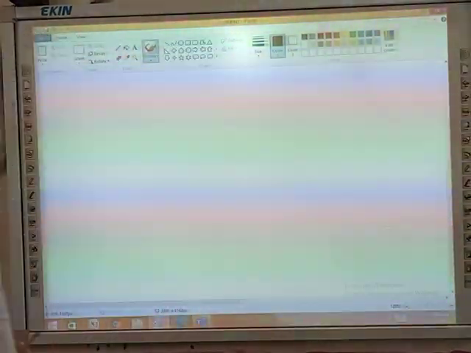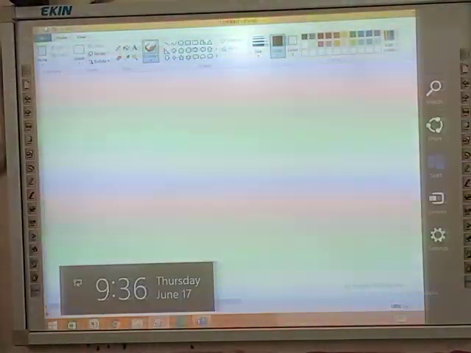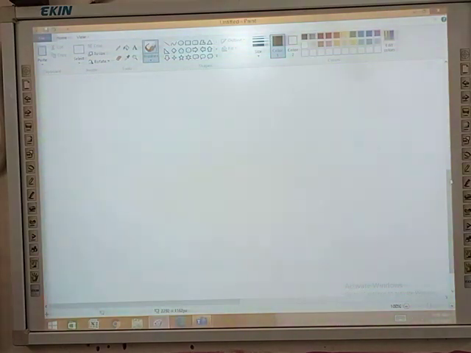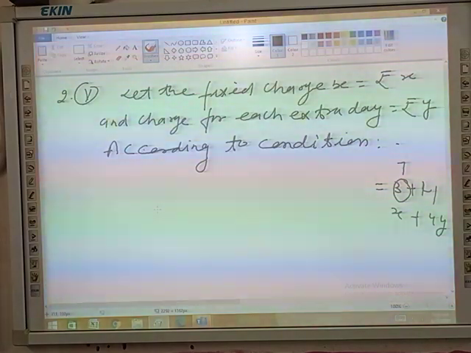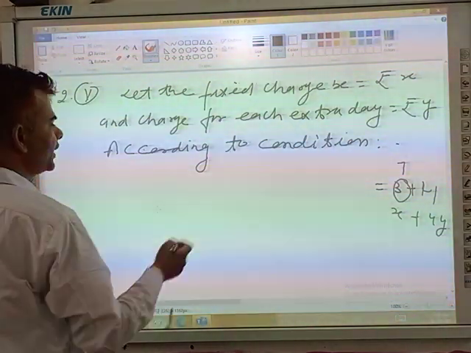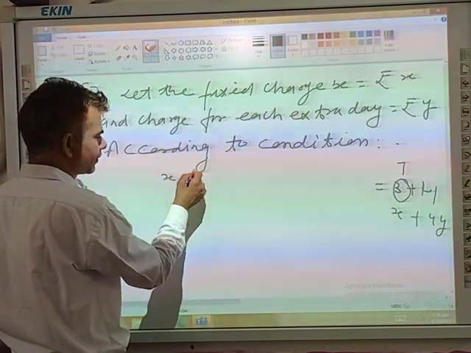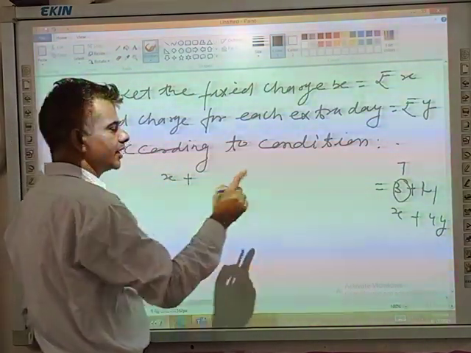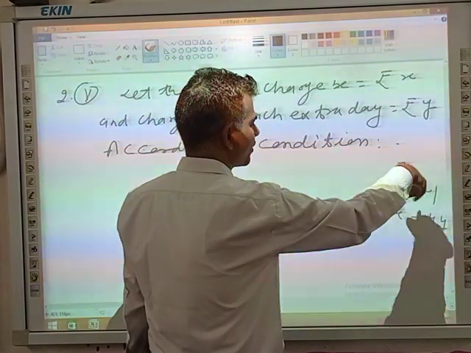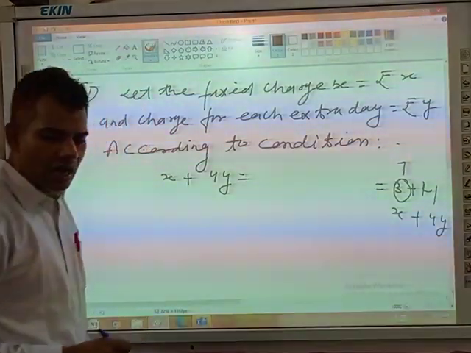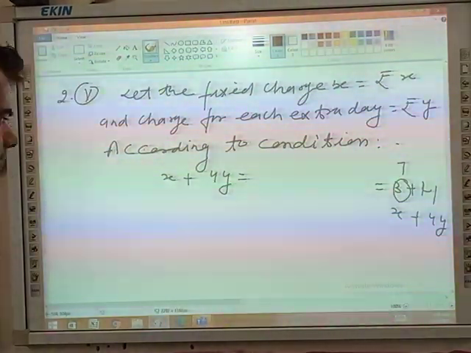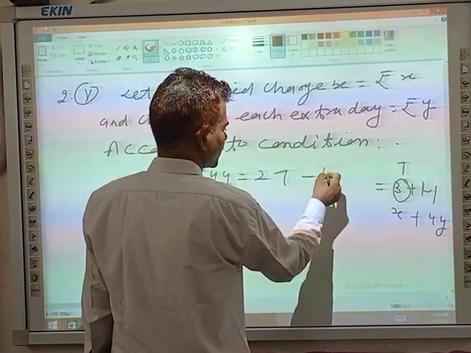Students, any doubt, any problems? No. According to the first condition, for 3 days the charge will be x, and for 4 extra days the charge will be 4y, and the amount will be 27. That is your first equation.